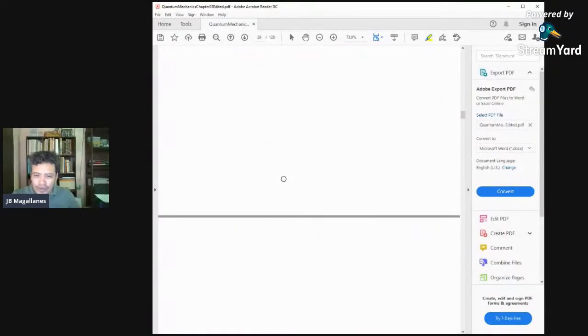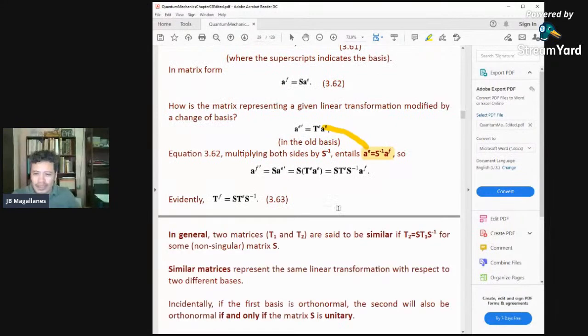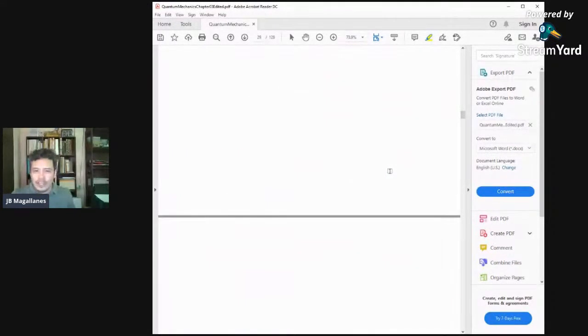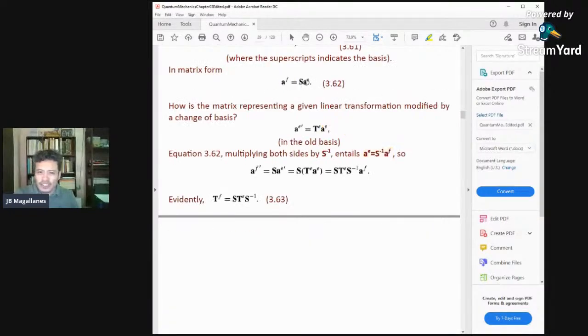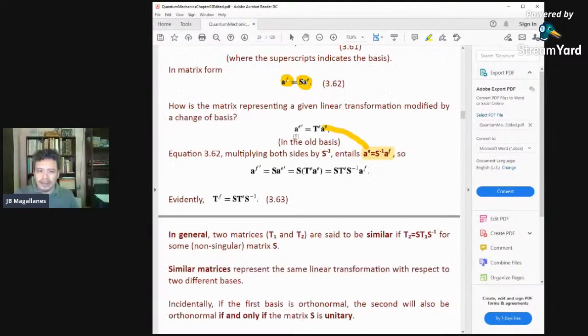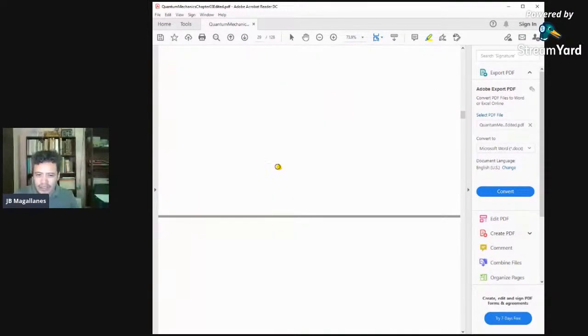And if you look at AF, your AF prime here will just be S times AE prime, like this one here.